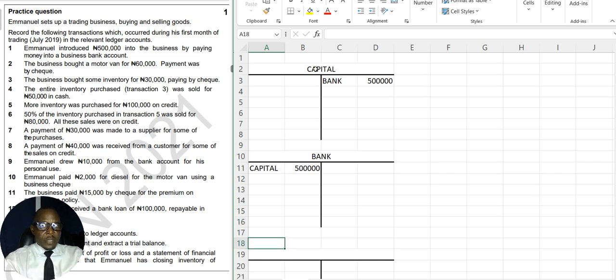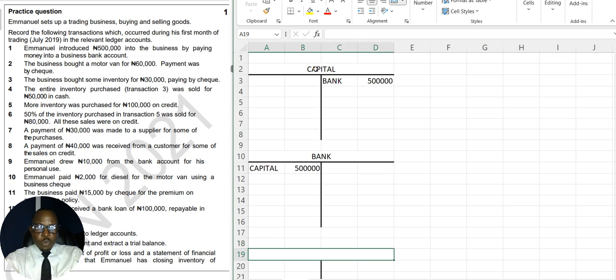To line 2. The business bought a motor van for 60,000 naira. Payment was by check. Now look at this, motor van is an asset, so you record it as an asset. You will not record it as purchases, but because it is an asset, you record it as motor van.